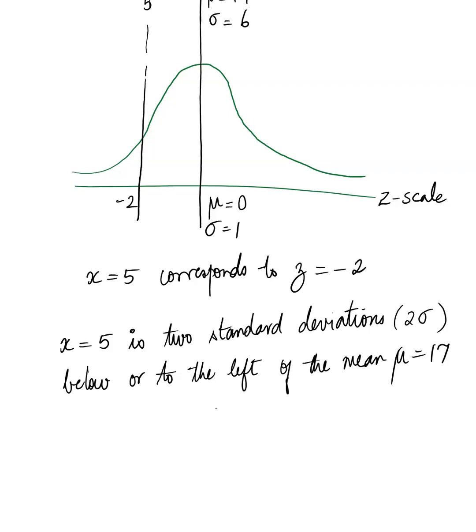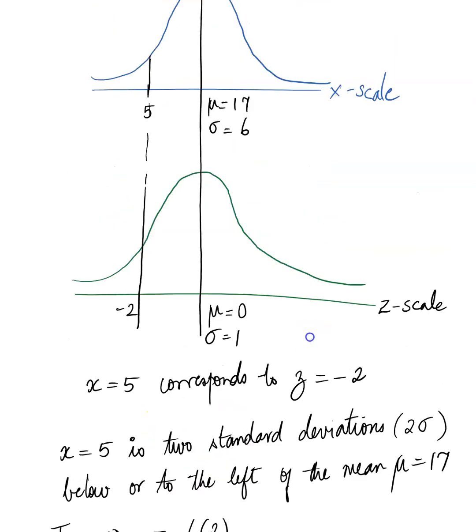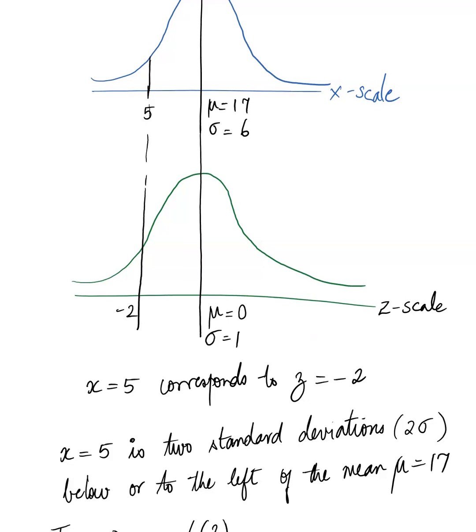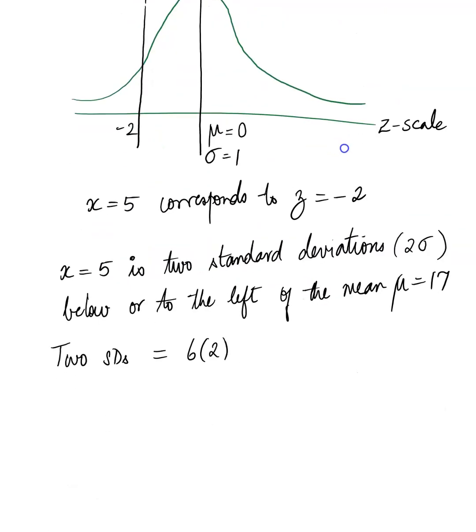Okay? So let's test it. So now your 2 standard deviations is 6 times 2, right? Because 6 is the standard deviation. The sigma is 6 for the blue, for the x scale. So 6 times 2 would be 12.